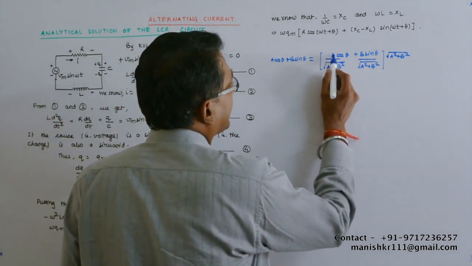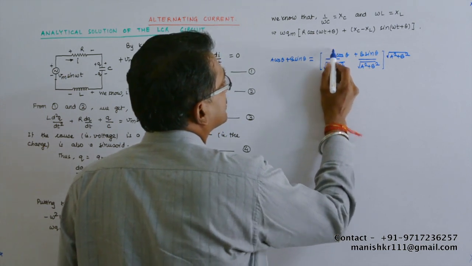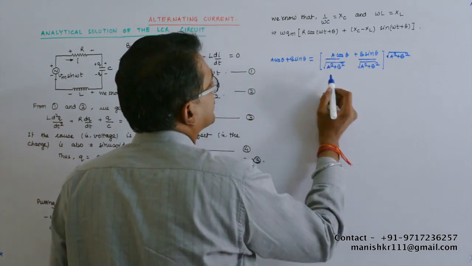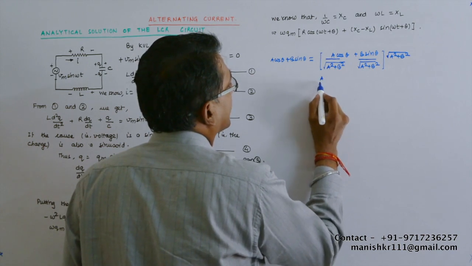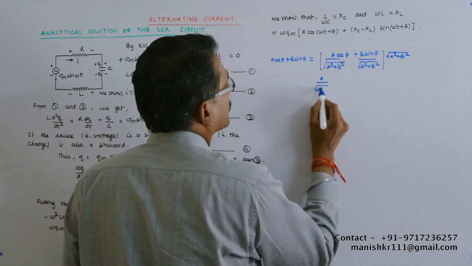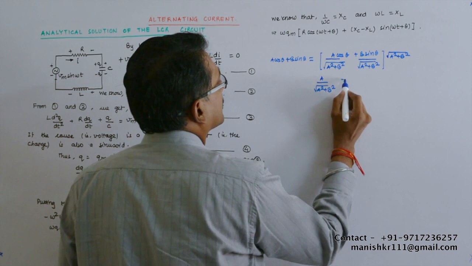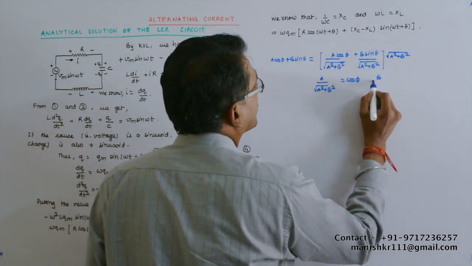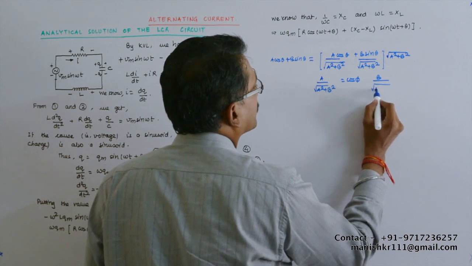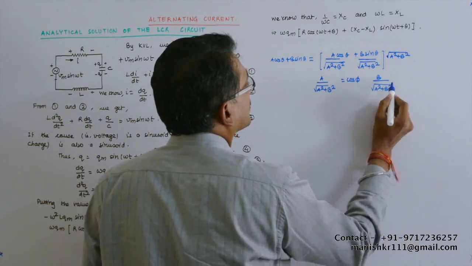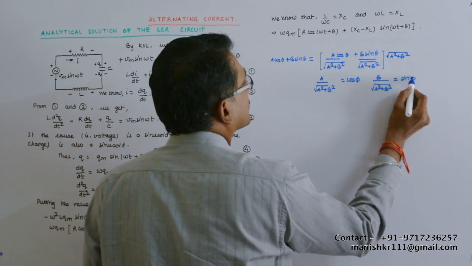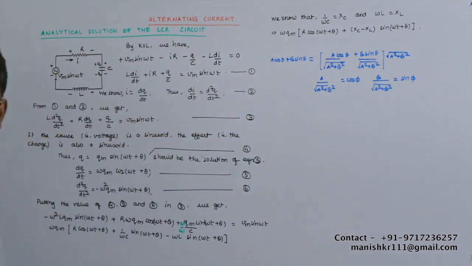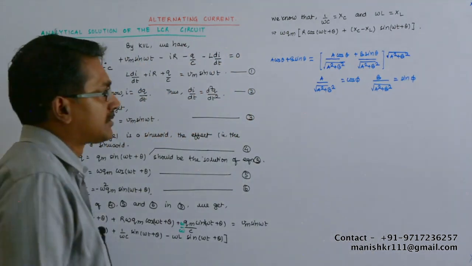Because you see, if I say a upon root over a square plus b square is cos phi, and I say b upon root over a square plus b square is sin phi, then what happens?